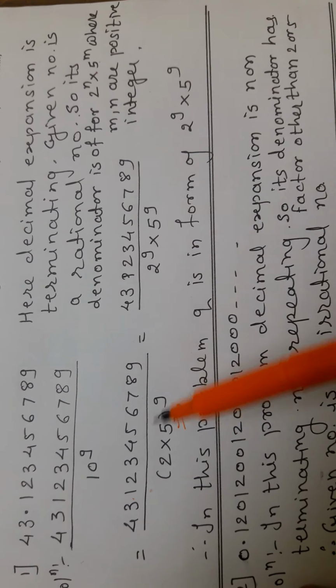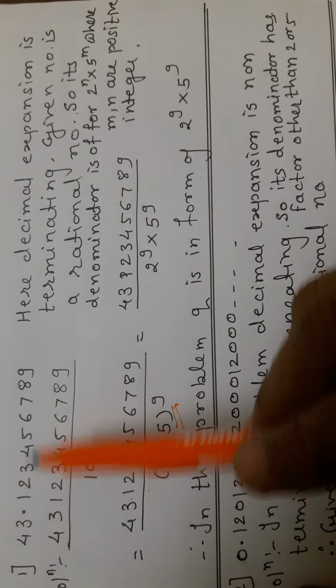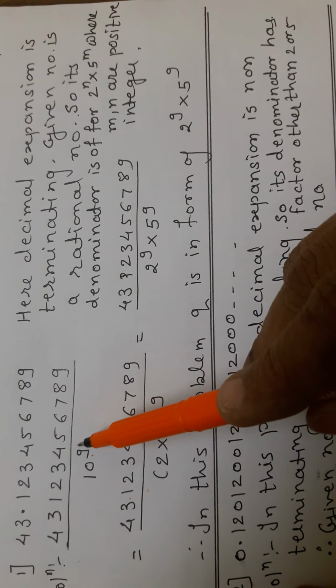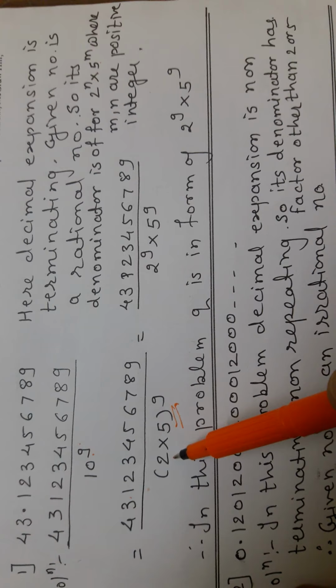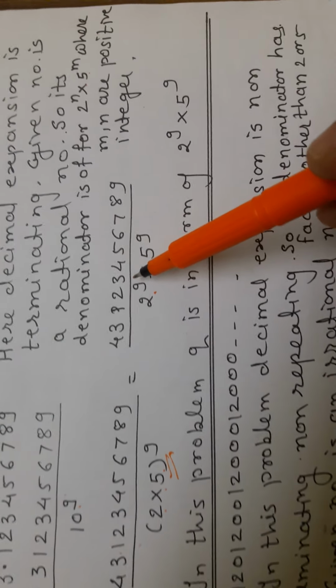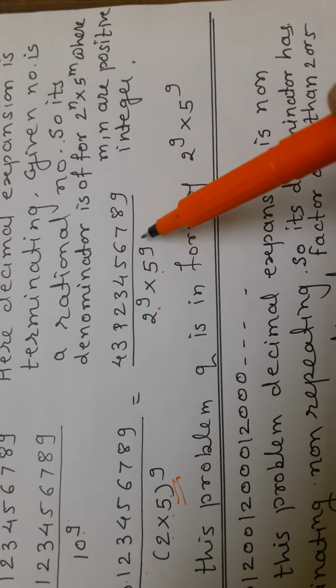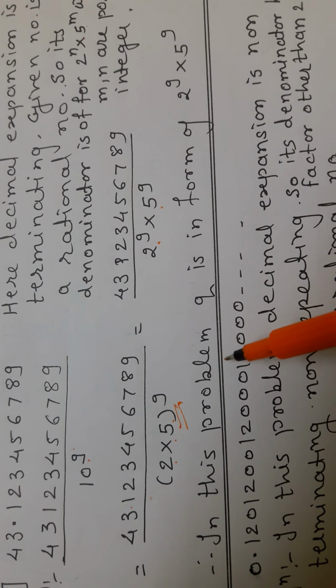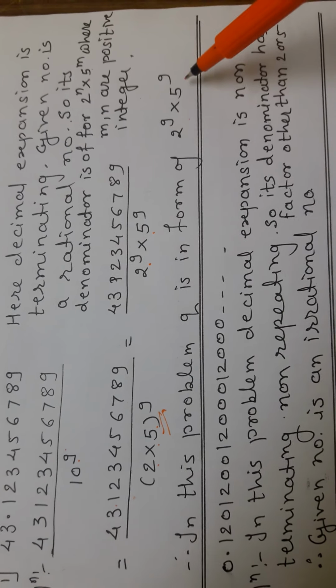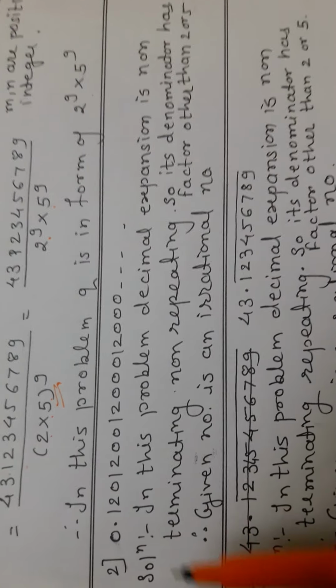When we remove it, how many places are we removing? 9 places. It means the denominator we will write here is 10 raised to the power 9. 10 raised to the power 9 can be written as 2 into 5 raised to the power 9, meaning 2 raised to the power 9 into 5 raised to the power 9. Therefore, in this problem, q is in the form of 2 raised to the power 9 into 5 raised to the power 9.